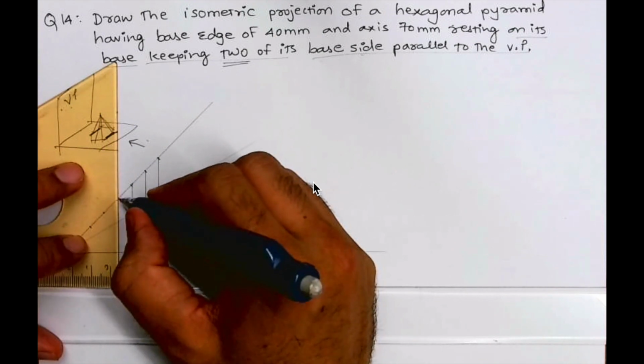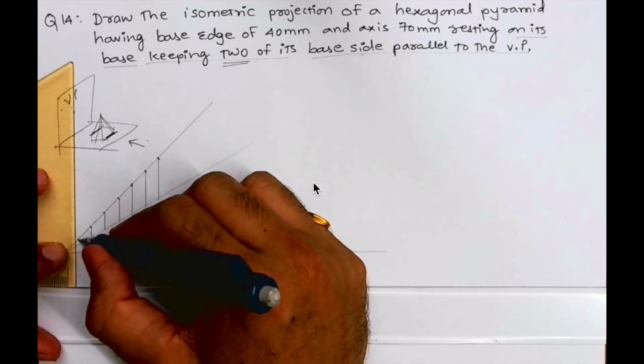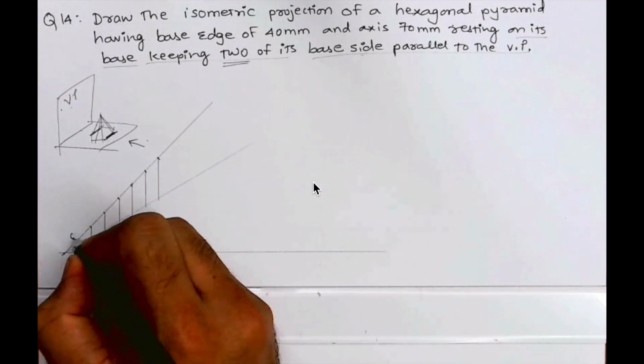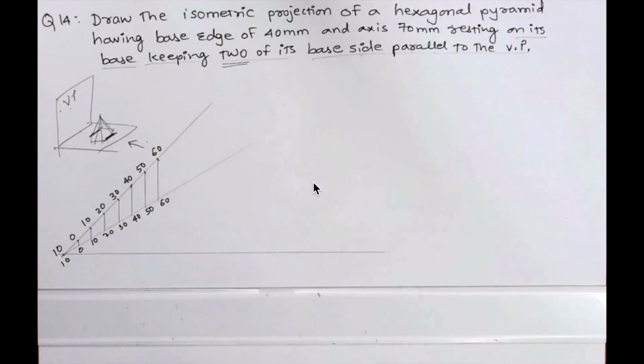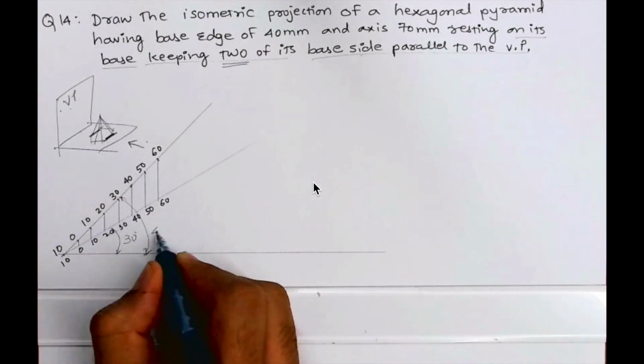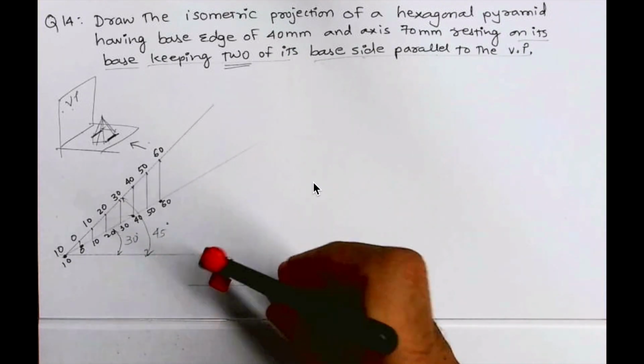These angles are 30 and 45, and remember we have to take dimensions from 30 degree. After this we'll take 40 and we'll draw the hexagon.